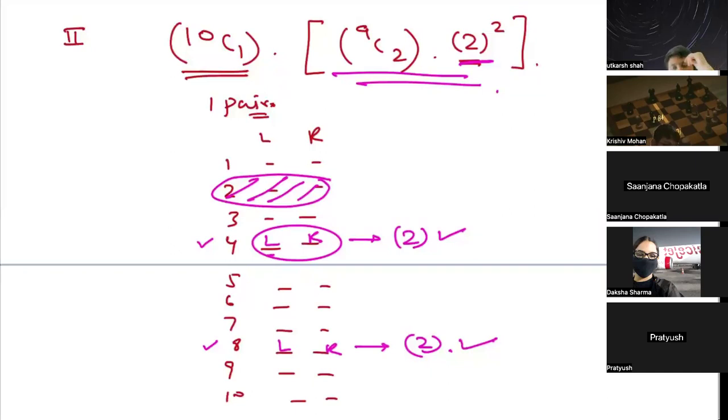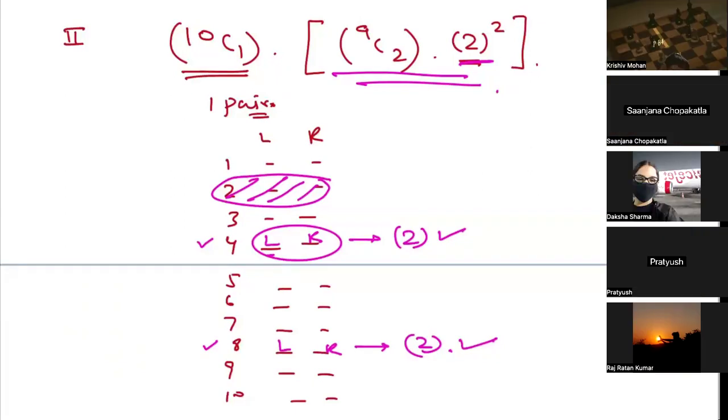Is this okay? So for finding the number of pairs, we should multiply by 4 factorial also. Why? If you select 4 shoes, let's say A, B, C, and D, we can select it in order A, B, C, D, or B, A, C, D like that also.